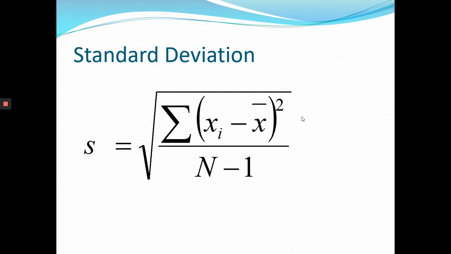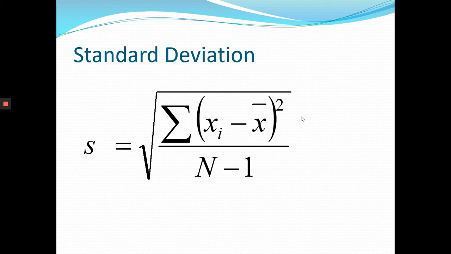So when we do n minus 1, it's called an unbiased estimate, because with our statistics, all we're simply doing is making an estimate of what the population value would be. So for standard deviation, we just say n minus 1 because it corrects for some mathematical bias.